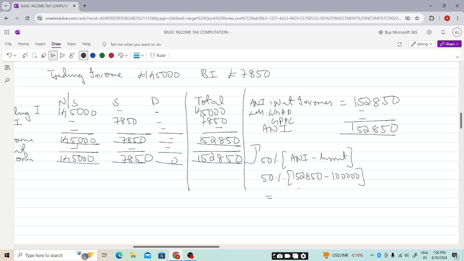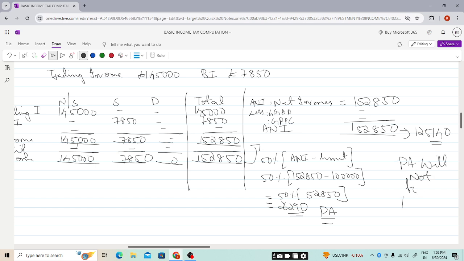So this will give rise to the difference of 52,850. If you take 50% of 52,850, it will be 26,425. This amount will reduce the PA. As our ANI is greater than 125,140, PA will not be available. Understood with this? We had a good revision of the personal allowance also.